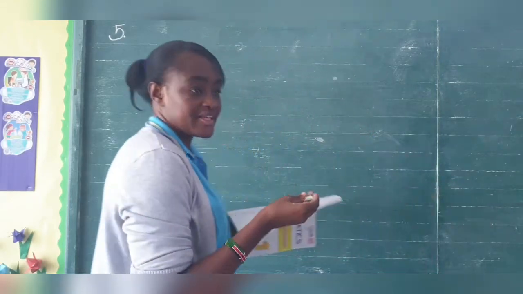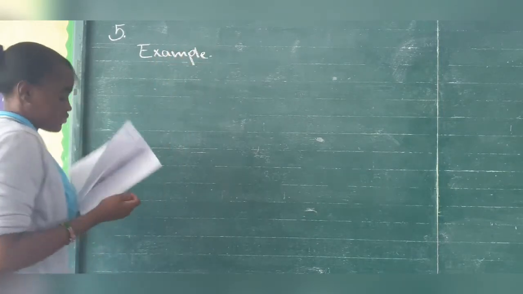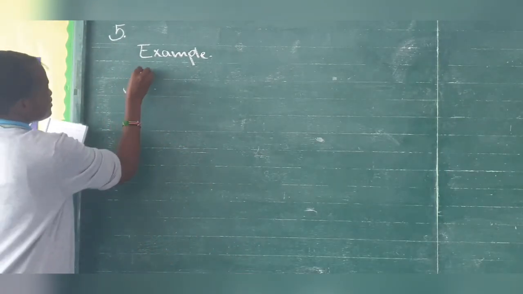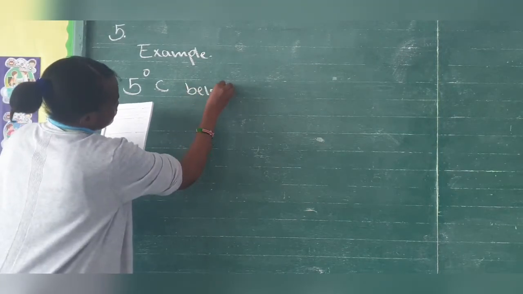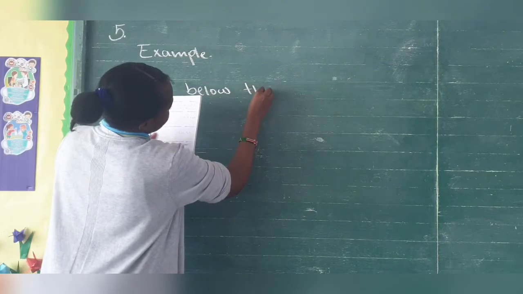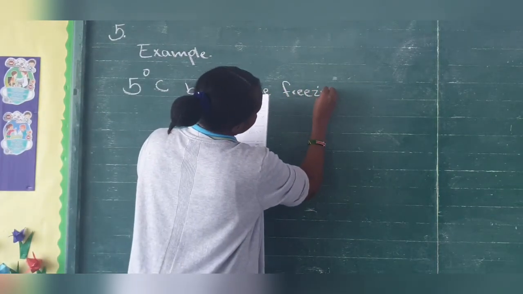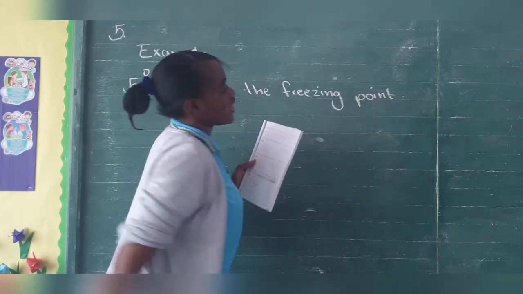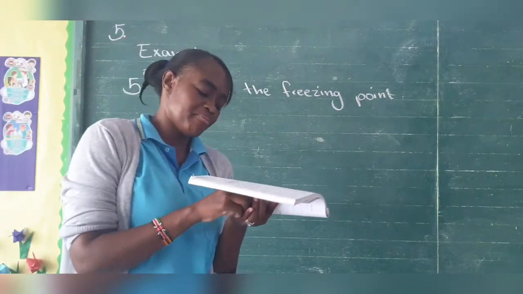Example. We have an example. It says 5 degrees Celsius below the freezing point.